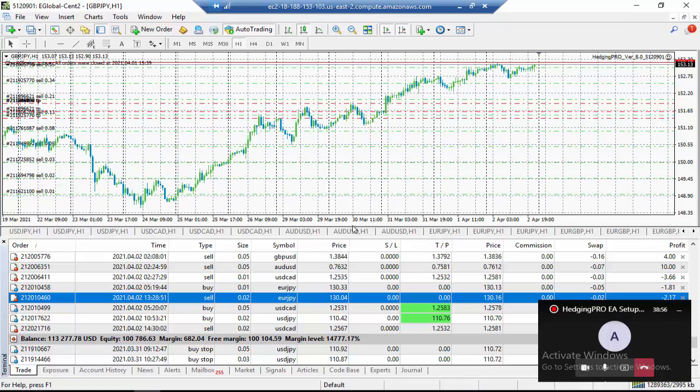Each pair we are seeing here has its own characteristics of movement. These are the things I studied for several years, 10, 15 years ago. I've been studying this movement, and it has been working the way I studied it, and that's the way I use the software to interact with market movement. We have a lot of hedging software out there.